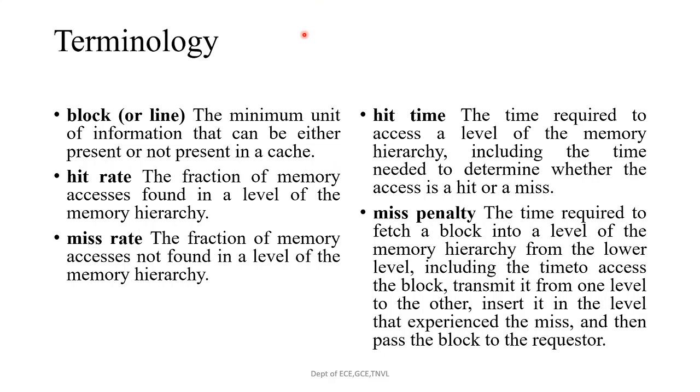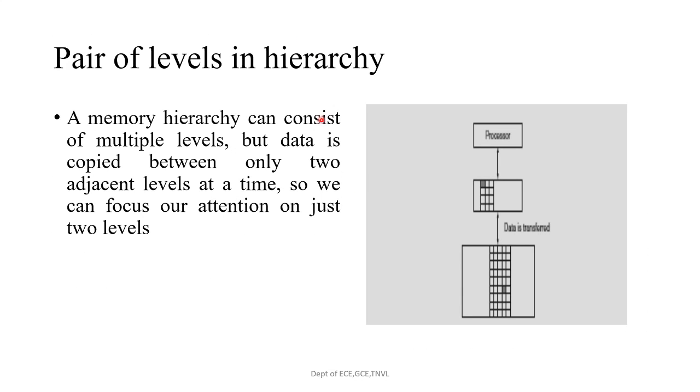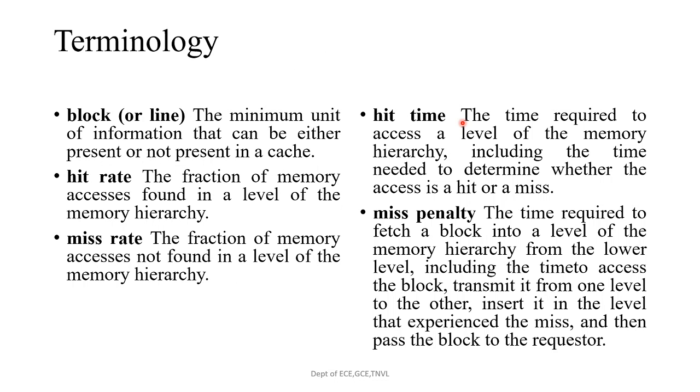If data requested by the processor appears in some block in the upper level, it means that the data is residing in the upper level, and that is called a hit.